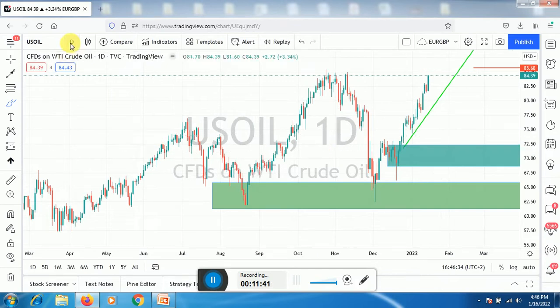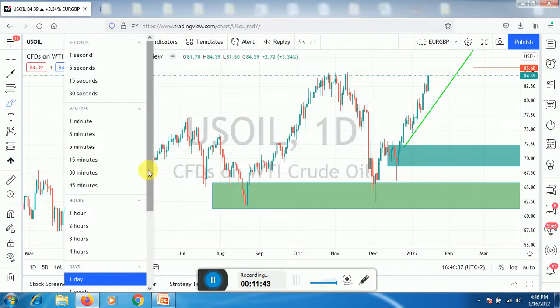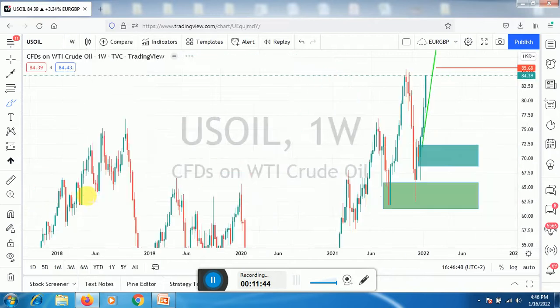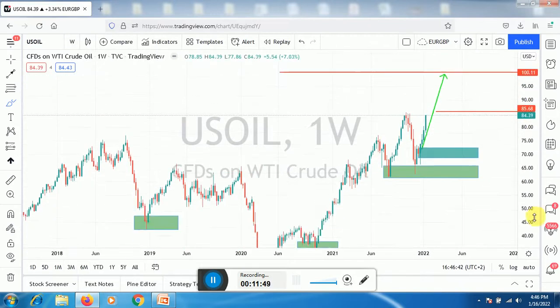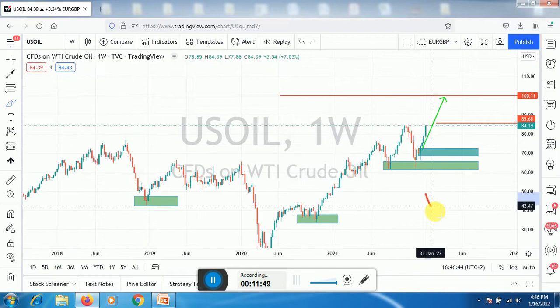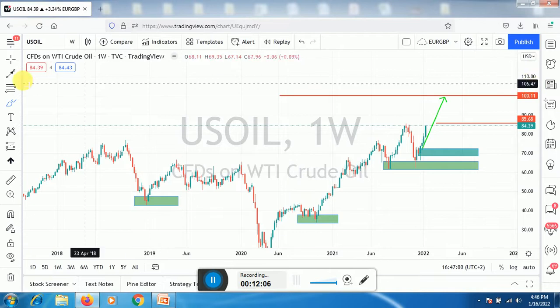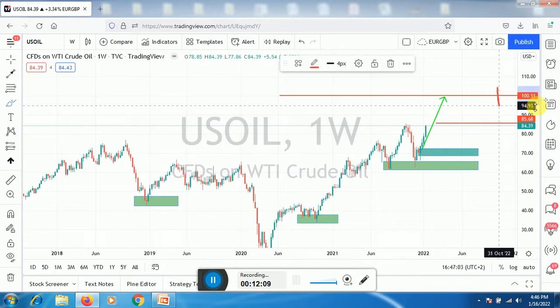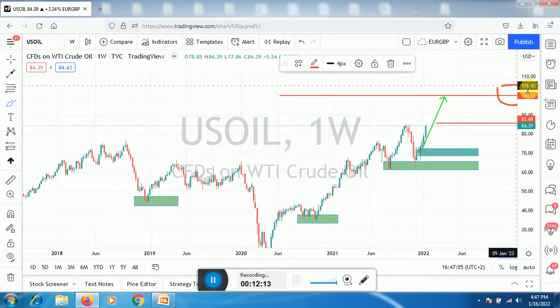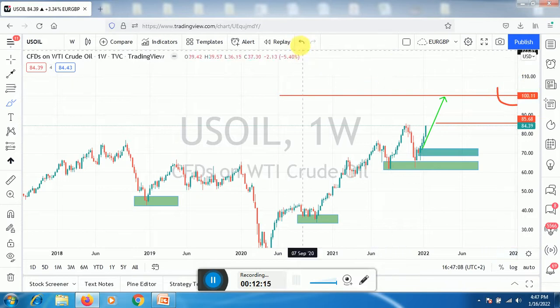The case here might be that if we look at this, you see that in the previous video we said that price was bouncing off this level here, and now it is approaching the 85 dollar level, and you might see oil trading at the 100 dollar mark. So oil is still very much bullish here. Oil prices are rising.